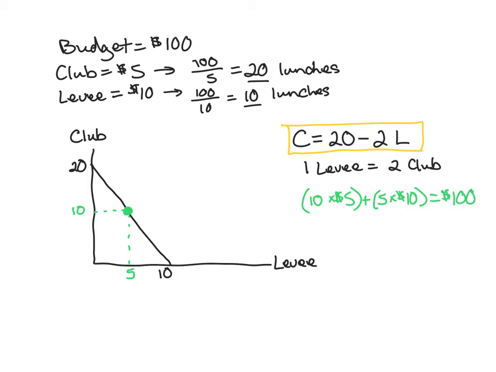So let's say we plug in for L. So we take the equation 20 minus 2 times 5 levy lunches. So if Professor Smith goes to the levy 5 times, okay, he could still eat at the club 10 times, which is exactly what he's done, right? He's eaten exactly 10 times. So yes, this is all possible within his budget constraint of $100.